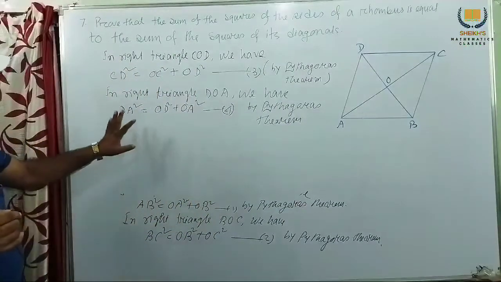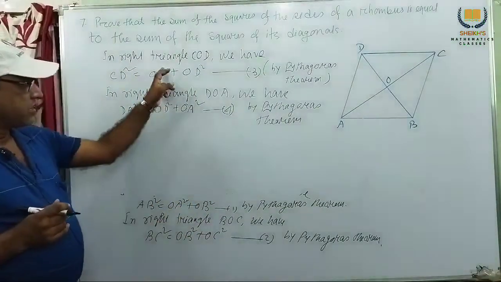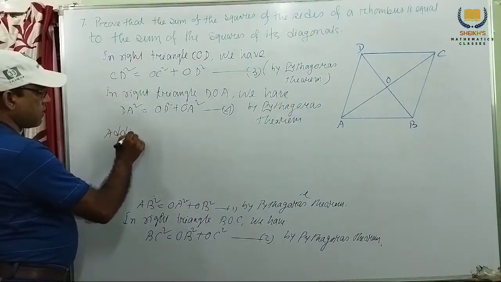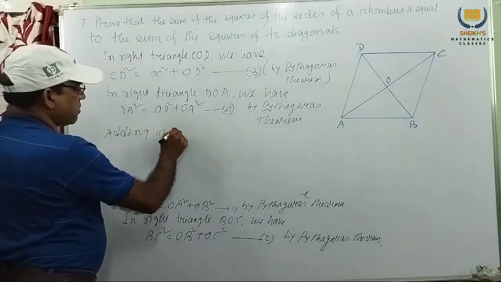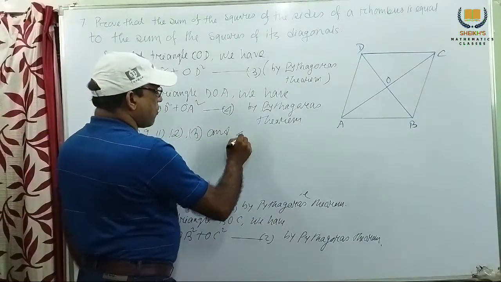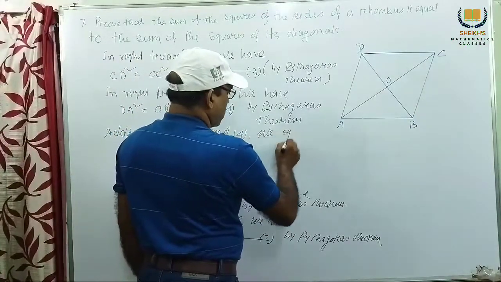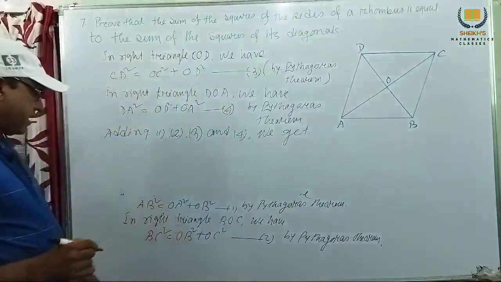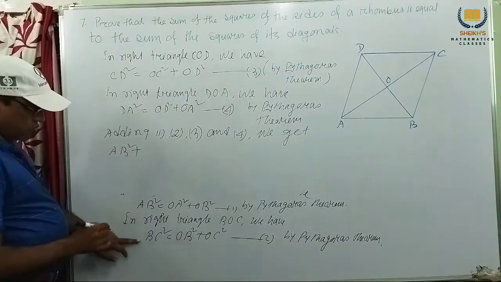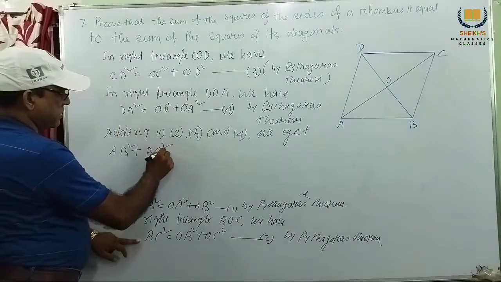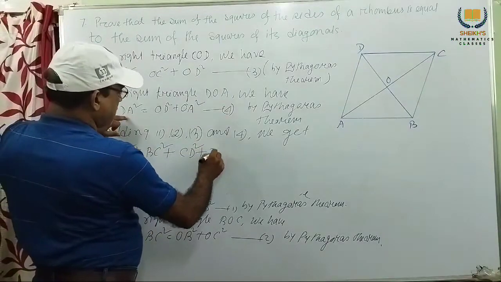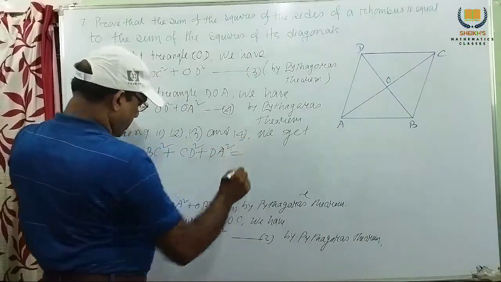Now we have equations 1, 2, 3, 4. We add 1, 2, 3 and 4. On the left hand side we get AB square, BC square, CD square, DA square.